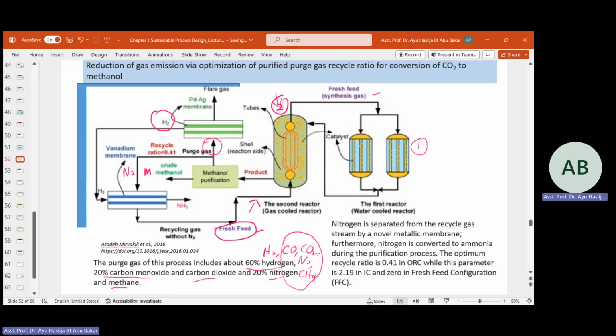What are the flammable gases here that made them decide to use flare? Methane. Yes, methane. This outlet has methane. That's why they decide to use a flare system.